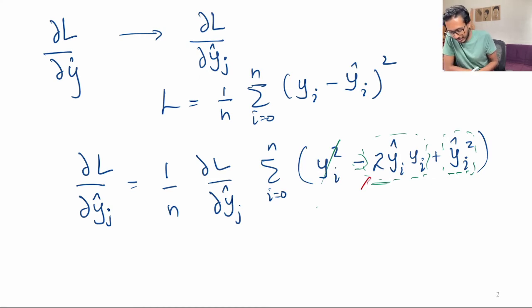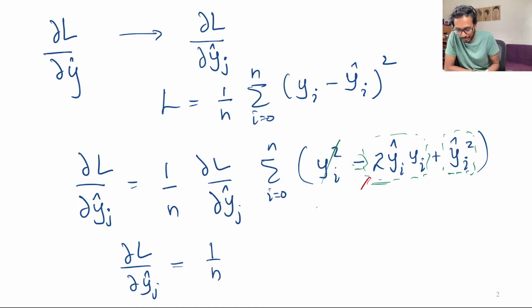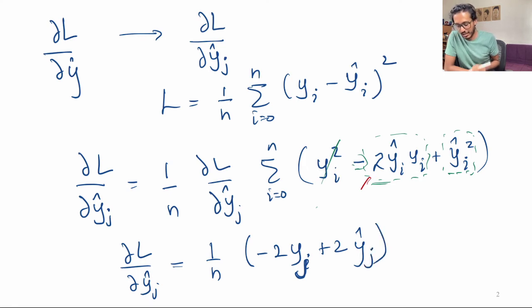Okay, so now we know the partial of L over yj hat is equal to 1 over n, the summation will be resolved as we explained earlier, minus 2 yj plus 2 times yj hat, and this could be simplified to 2 over n (yj hat minus yj).